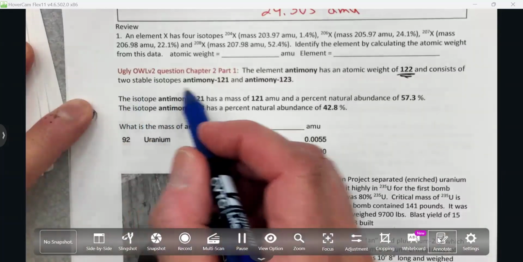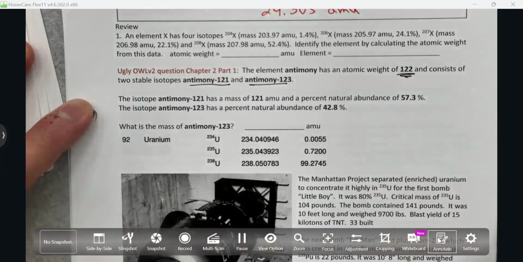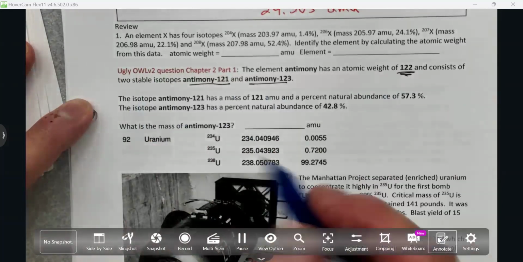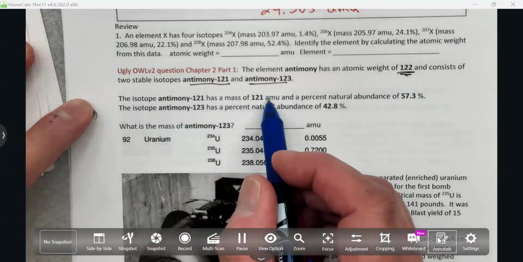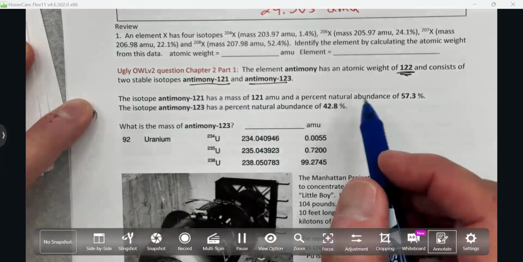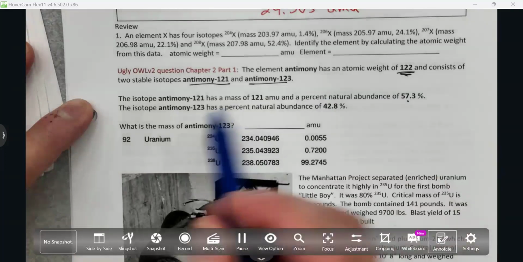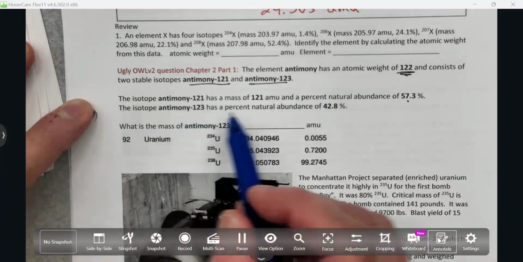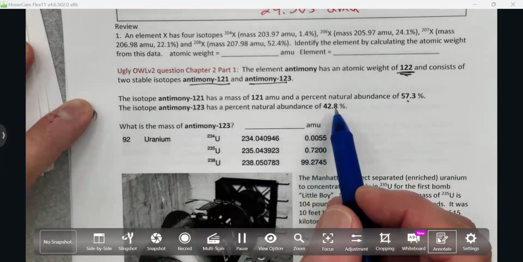It consists of two stable isotopes, antimony 121 and 123. The isotope antimony 121 has a mass of 121 AMU and a percent abundance of 57.3. The isotope antimony 123 has a percent natural abundance of 42.8.